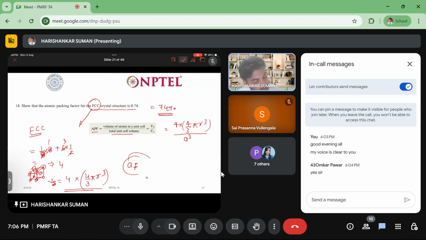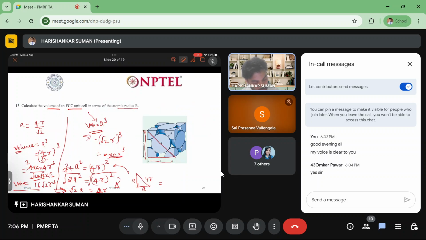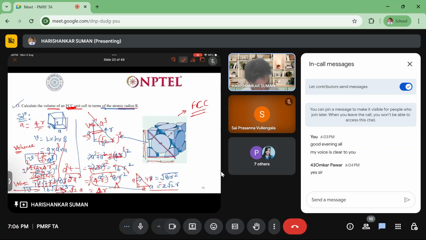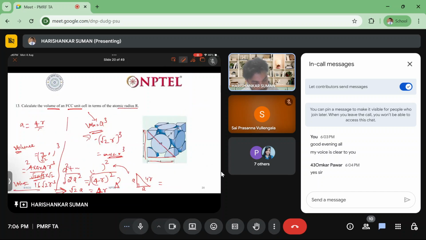So find this first and put the value of A in terms of R, or R in terms of A. In the previous question we also did A cube equal to total volume.